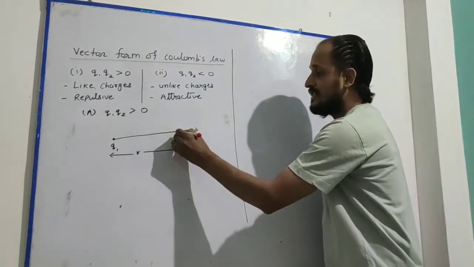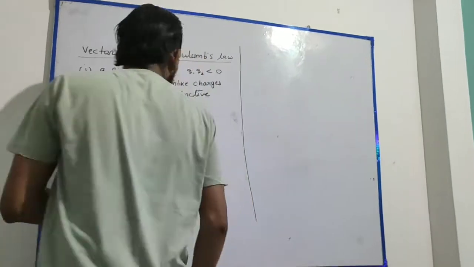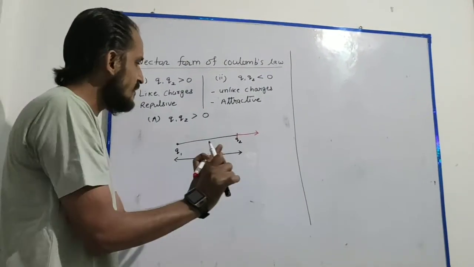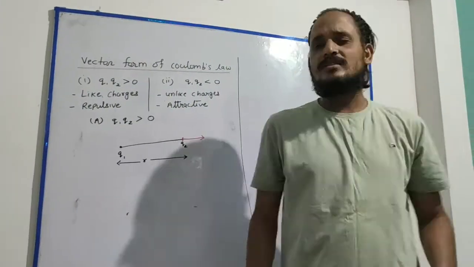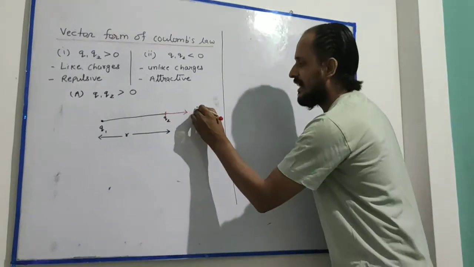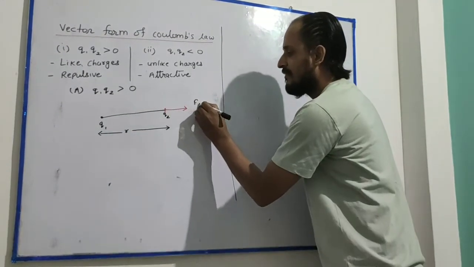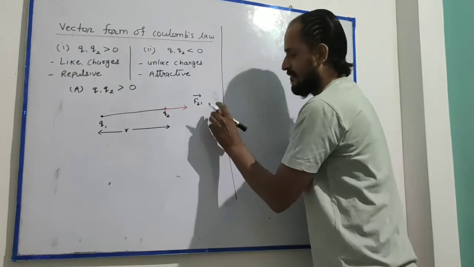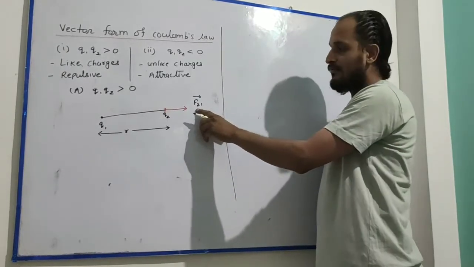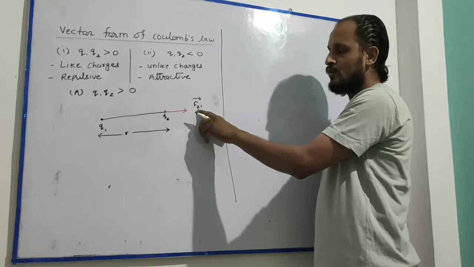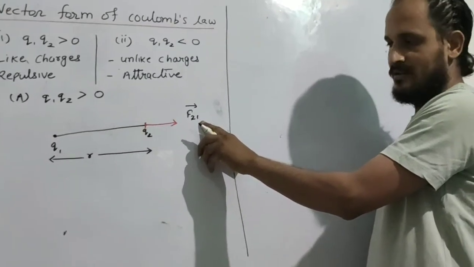As this force is repulsive, this charge Q1 will exert the force on charge Q2. It will repel the charge Q2. We can write down this force as F21 vector. How we can read it? Force on charge 2 by charge 1.